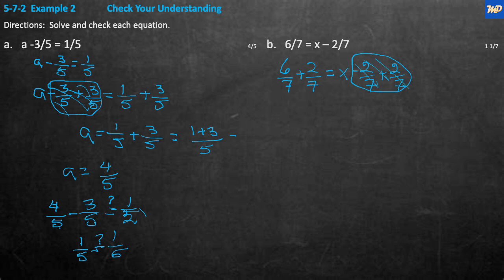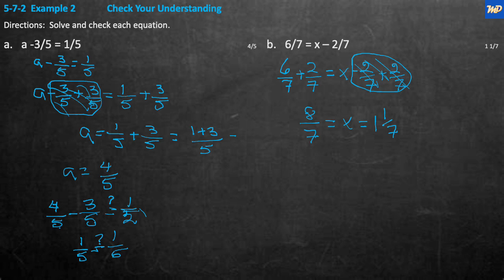And there's a common denominator, so all we have to do is the mathematics relative to the numerator, and the mathematics here is 6 plus 2, 8 over 7 is equal to x. Well, 8 over 7 is 1 1/7. That is the answer there.